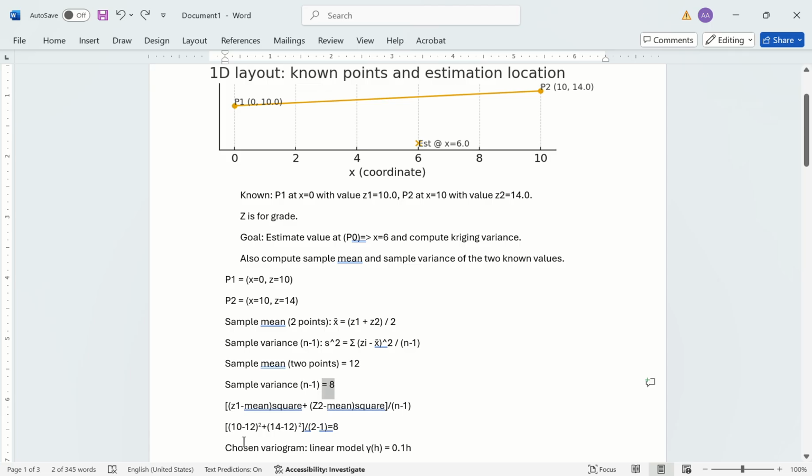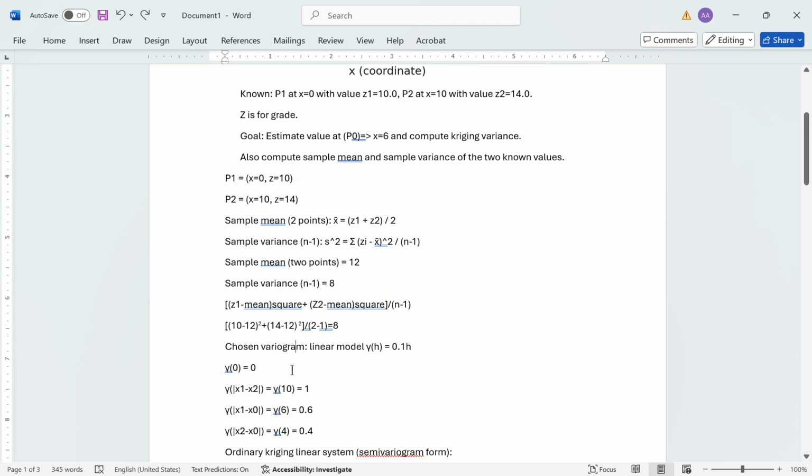How have we calculated it? z1 is 10 minus the mean 12, then squaring, plus z2 is 14 minus the mean, then squaring, and whatever value we get, dividing it by 2 minus 1, which is 1. So 8 is the result. You can calculate it.